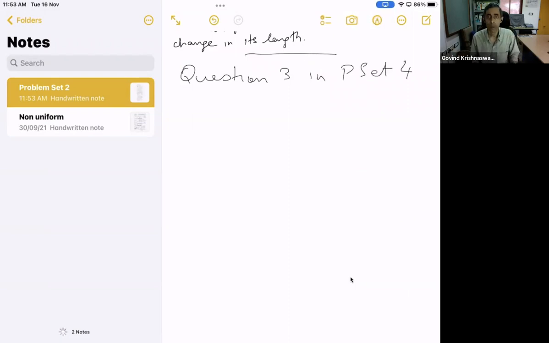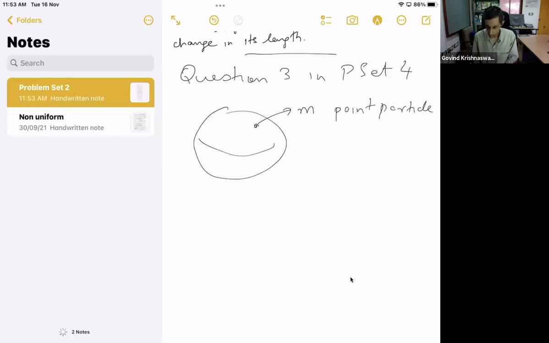This was about a particle moving on a sphere. So you have a sphere here, a particle of mass m. And we were asked how many degrees of freedom this system has. So it's a fixed sphere. The sphere is not moving. So this has 2 degrees of freedom.